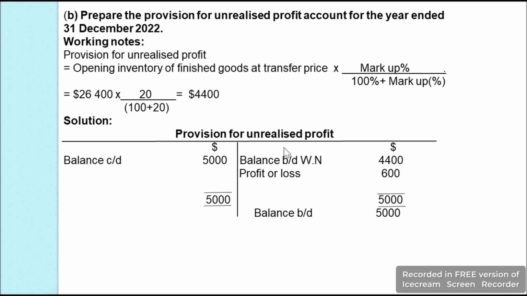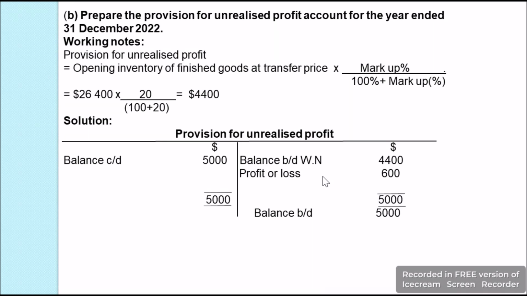Now we will make the account for provision for unrealized profit. Whenever we make an account for provisions or for liability or for capital, the opening balance will always be credited. So here the beginning balance, which is the opening balance we have calculated, will be credited as $4,400. It was also mentioned that there was an increase in provision which was transferred to the profit and loss account.